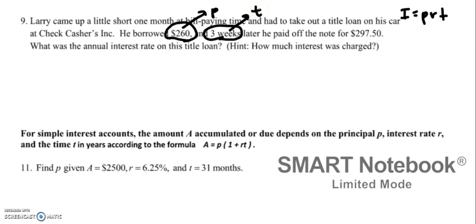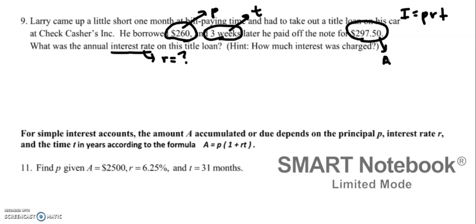He paid off the note for $297.50. And then it says, what was the annual interest rate on this loan? So it's asking you to find R. This is what we're looking for. And then this $297.50 is your accumulated value.